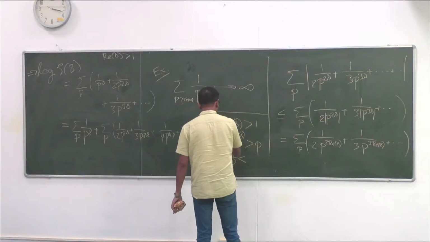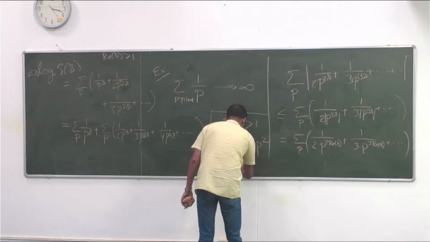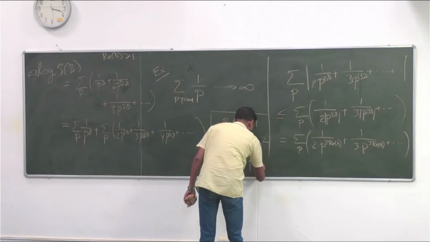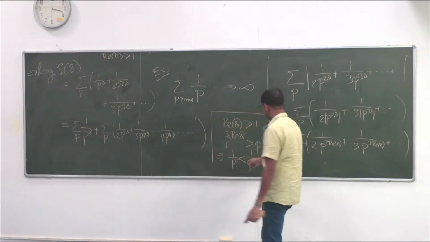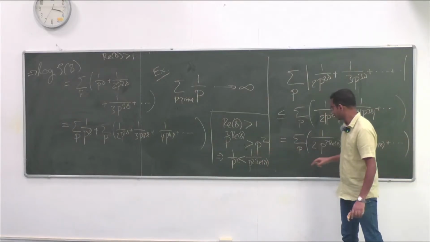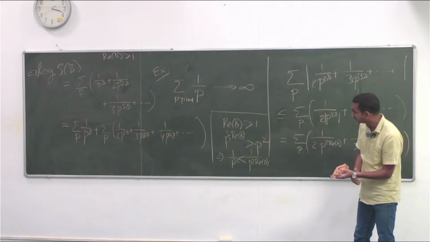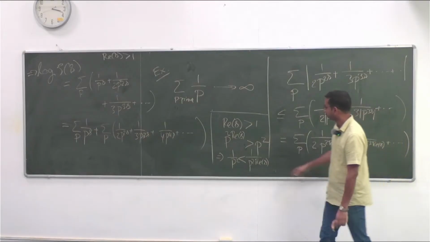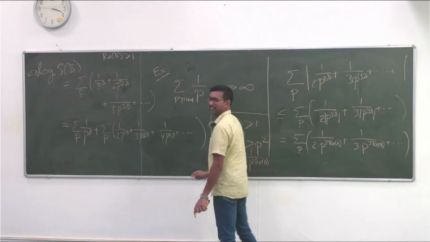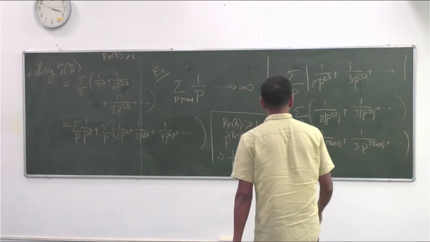Now we are taking squares, so p power 2 real part of s is greater than p squared, and 1 by p power 2 real part of s is less than 1 by p squared. You want to bound it from above. Of course, yes. Okay, thank you.